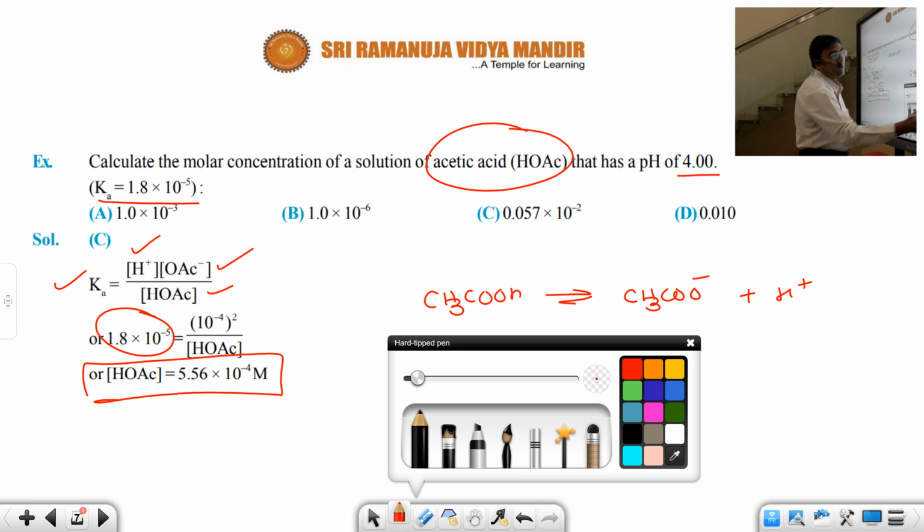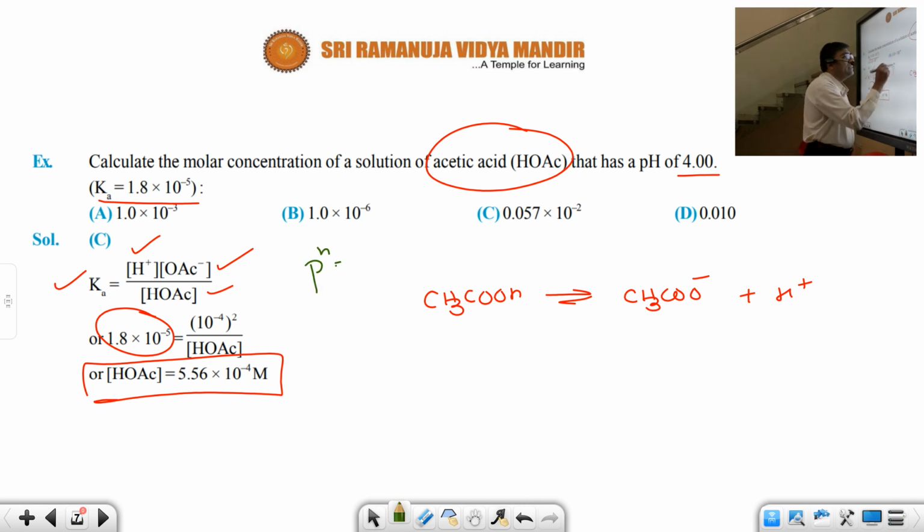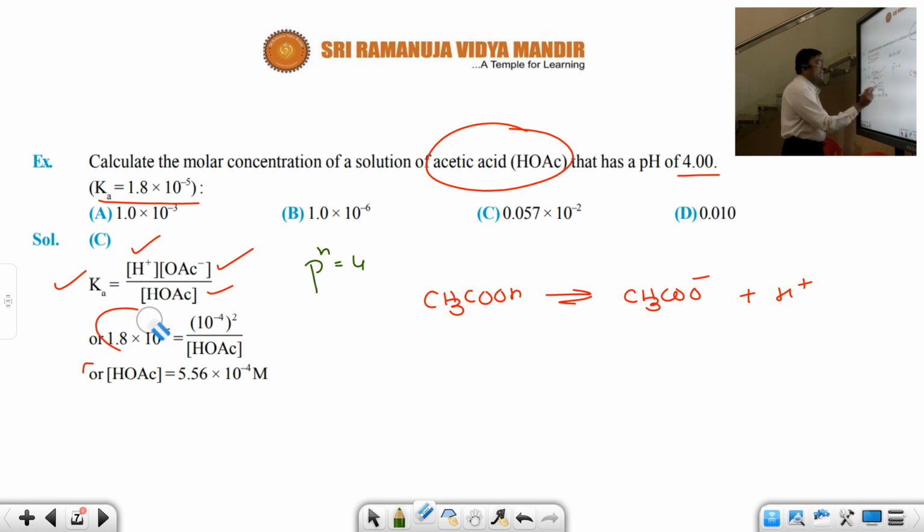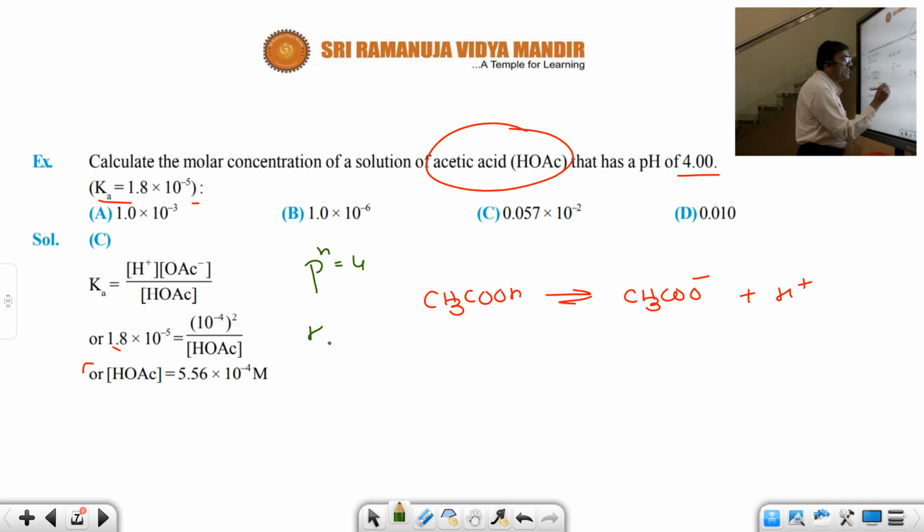What is the pH value offered? The pH value is given as 4. When pH is 4, the H plus ion concentration will be 10 power minus 4. So H plus will be 10 power minus 4, and this also will be 10 power minus 4. Understand this. So how much dissociates?